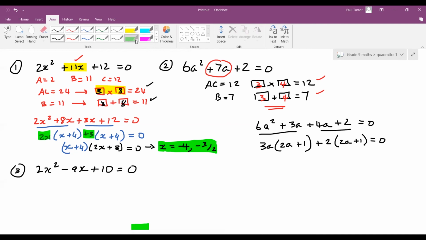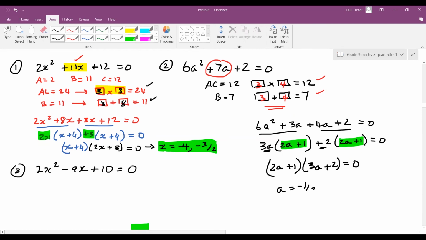So now you can see your common factor is 2a plus 1. So we write that in the front. And you are left with 3a plus 2 for the second factor there. Okay, so from that, a will be minus a half, and a here will be minus 2 on 3.